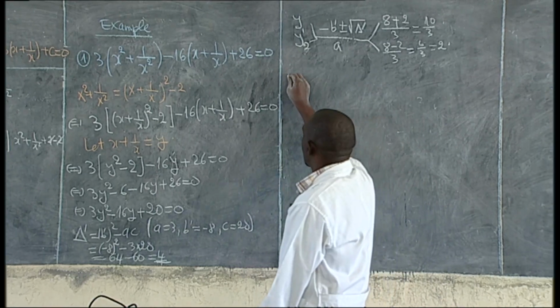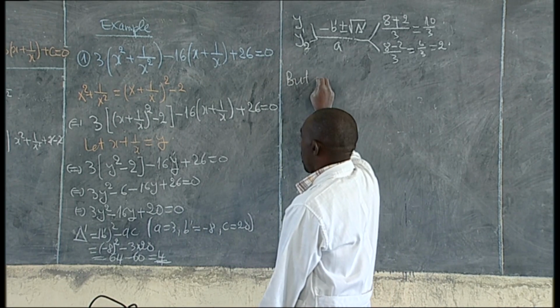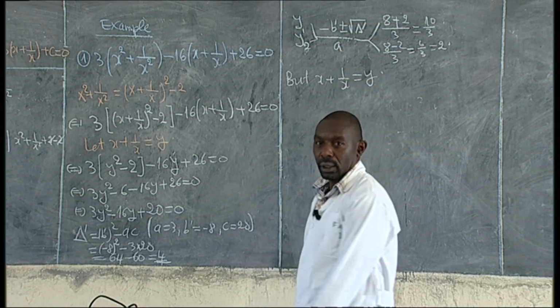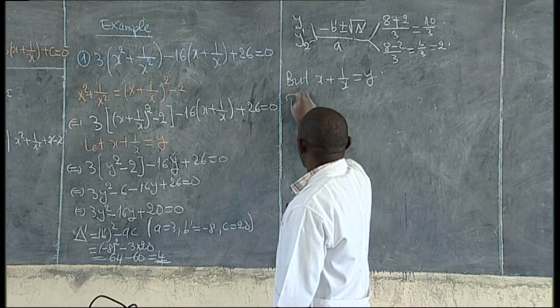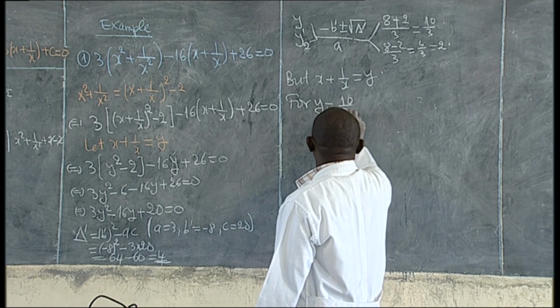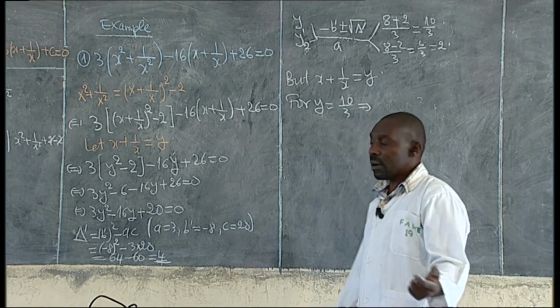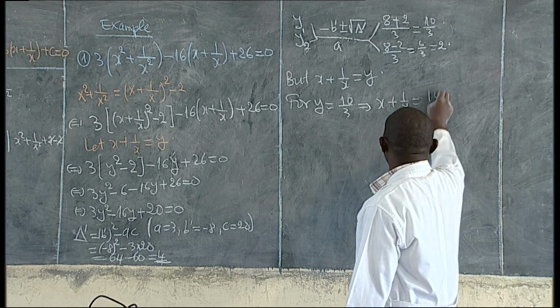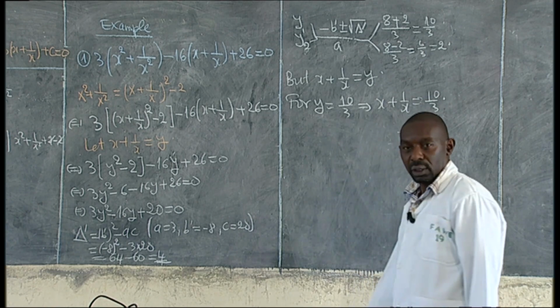Remember that x plus 1 divided by x is equal to y. Then for y equals 10 divided by 3, I'll be having x plus 1 divided by x equal to 10 divided by 3.